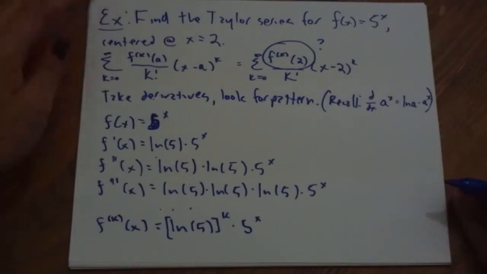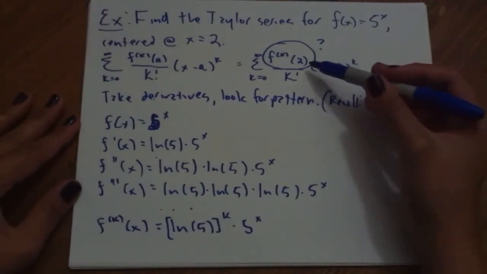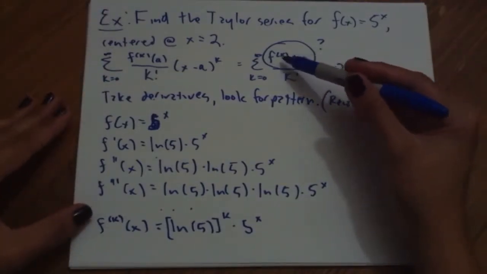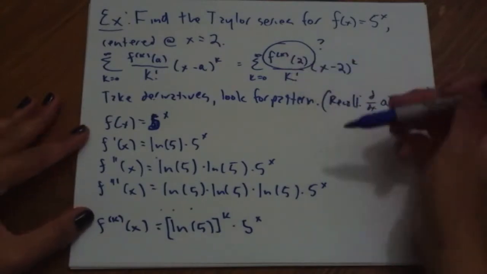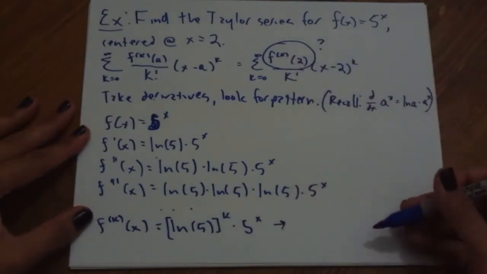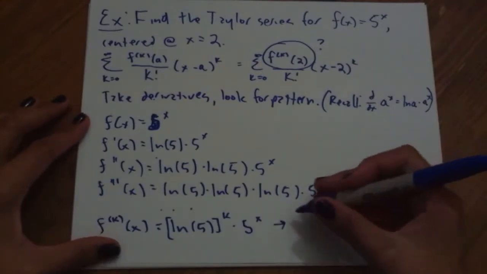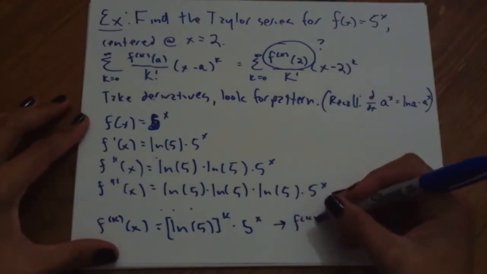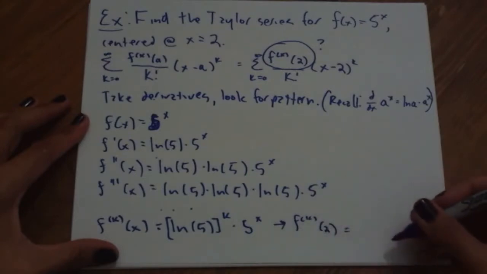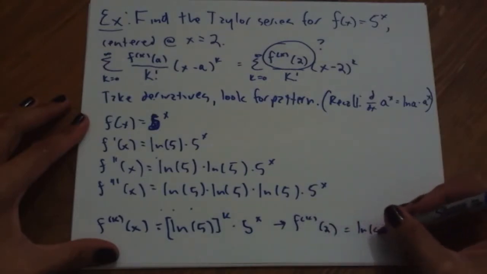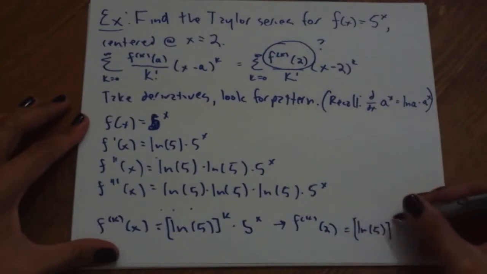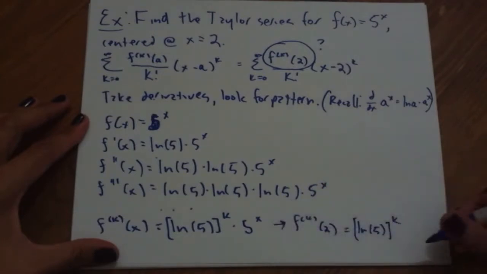Now remember, to use this formula, we have to figure out what my kth derivative at 2 is. Well, if I'm trying to figure out my kth derivative at 2, I just plug 2 into this function. So my kth derivative at 2 is natural log of 5 raised to the k times 5 to the 2, or times 25.